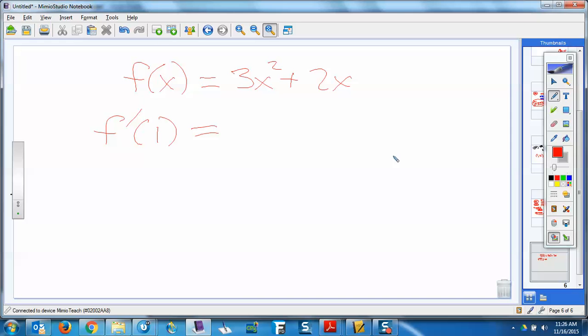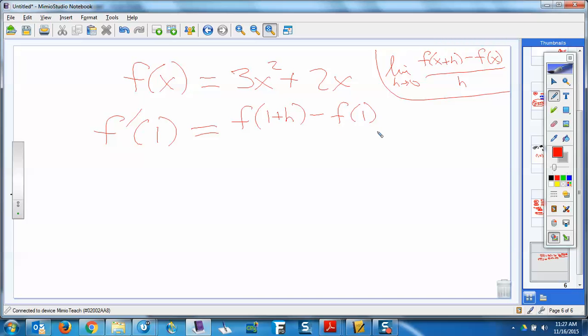So the other thing we should practice real quick is, how do I set that up? Well, what is the definition? It's the limit of f of x plus h minus f of x all over h, right? That's the definition of the derivative. So that means we want f of 1 plus h minus f of 1 all over h, and I forgot my limit out front.